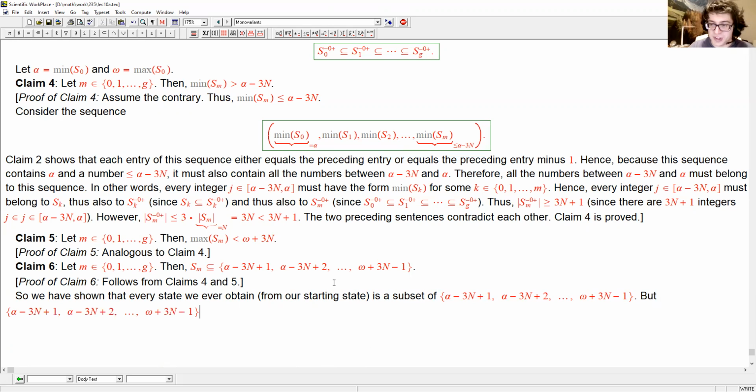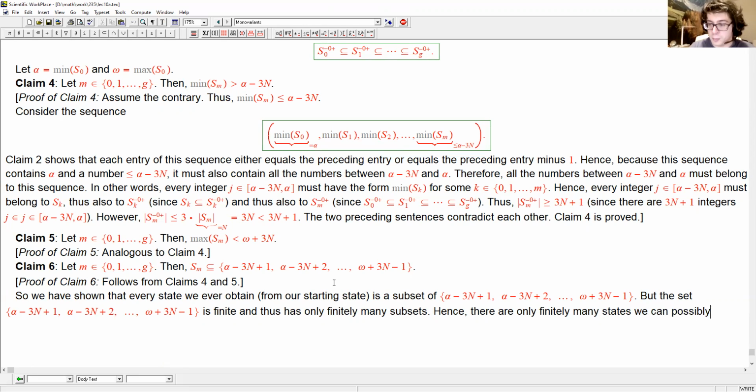But this set is finite and thus has only finitely many subsets. Hence, there are only finitely many states we can possibly obtain from our starting state.